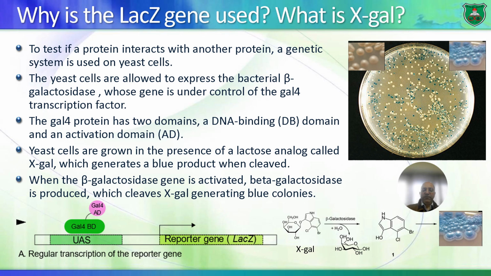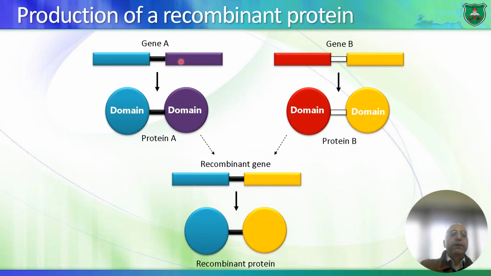Remember what the definition of a domain is. So we create a recombinant protein. The recombinant protein is the following. We have gene A that has 2 domains, and we have gene B that has 2 domains. Well, we can create a recombinant gene that has the portion that produces this domain from gene A and this domain from gene B, and we can put them together.